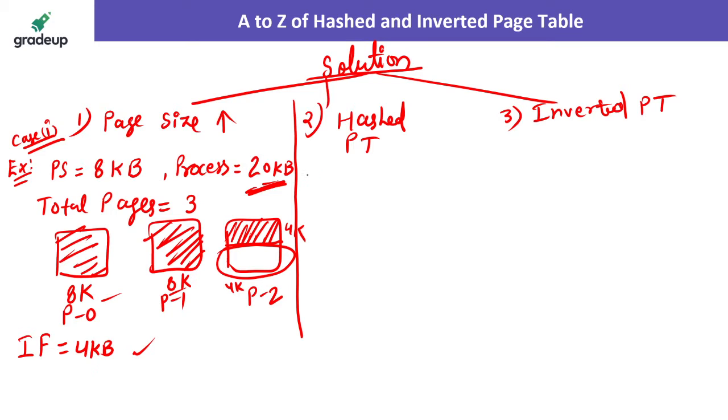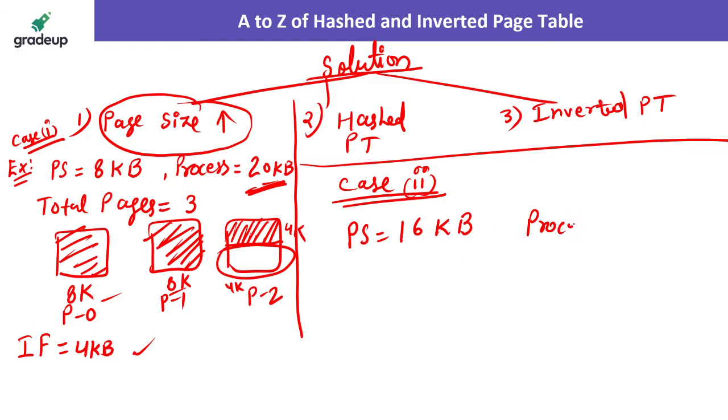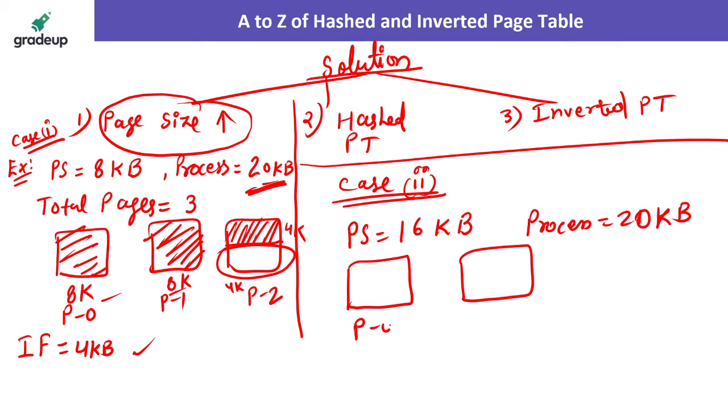Now case number 2. What I'm saying is I want to increment the page size, so suppose the page size is 16 KB and the process is again 20 KB. Now how many pages will be made? 2 pages. Page number 0 is completely full, 16 KB.